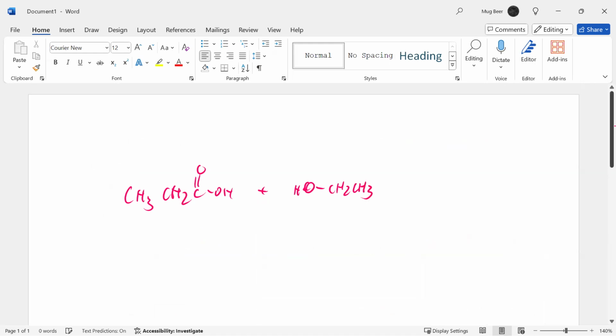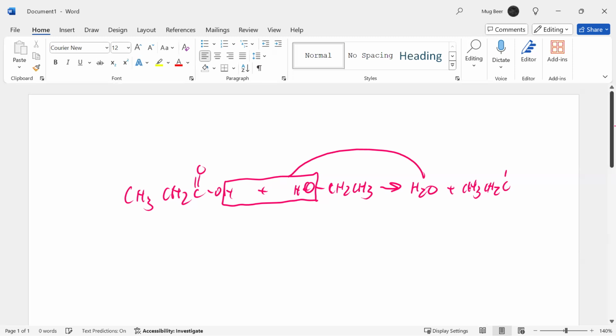All right. So what ends up happening is this H and this OH leave as a water molecule. So this carbon here needs a bond, and this oxygen here needs a bond. So we end up with CH3, CH2, C double bond O, O, CH2, CH3.